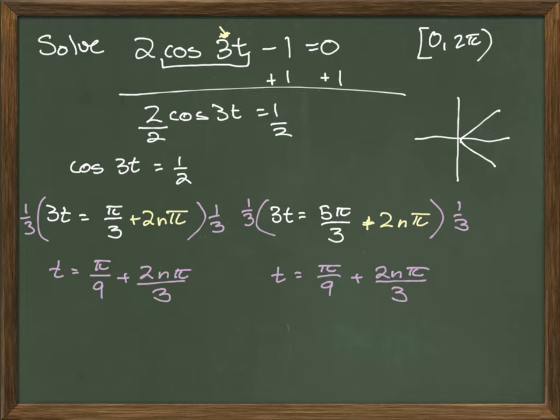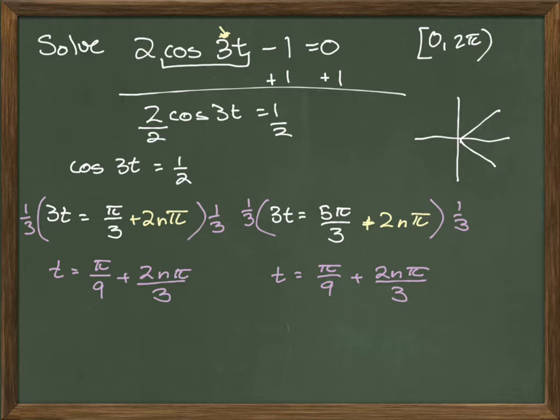Well, that's why we have to add this here. Now, every 2 pi over 3, this value, 1/2, repeats itself. So now we have to find the rest of the angles that are between 0 and 2 pi.